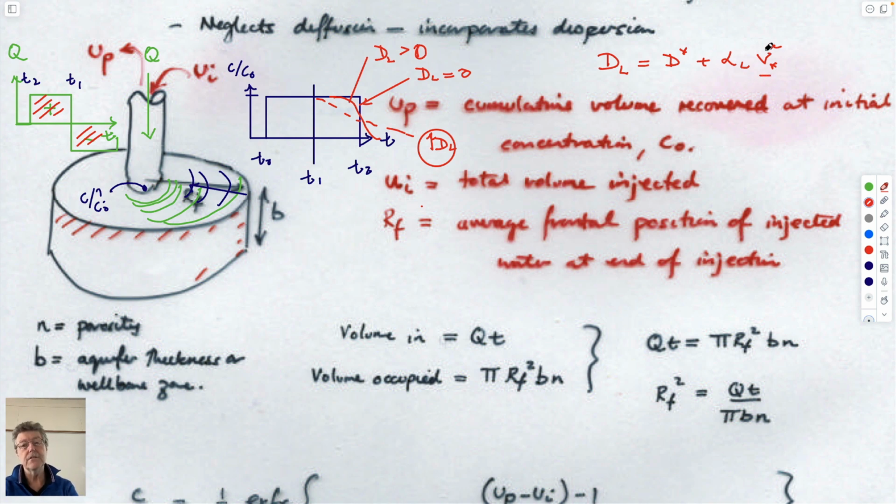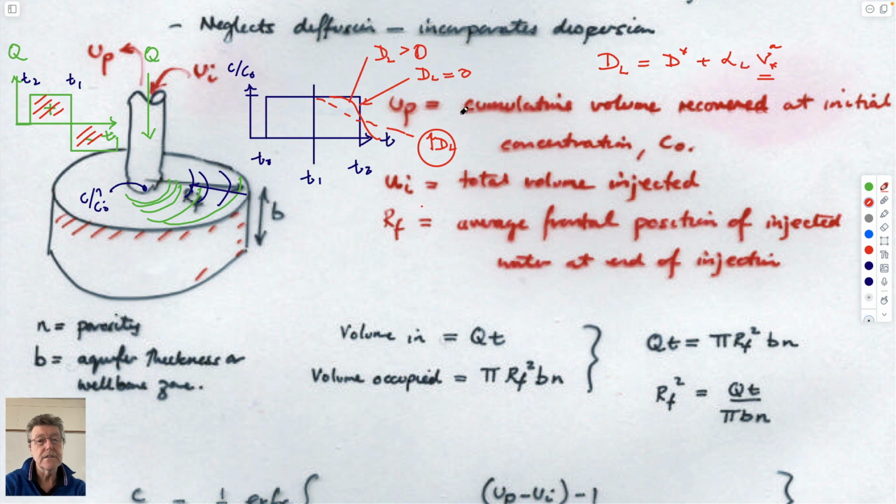And so it turns out that the magnitude of these are strongly controlled by the rate at which you inject. So if you inject at a rate which isn't really the natural gradient in the system, then you tend to get a result from this mechanical dispersion which is much larger than reality. And correcting even for the magnitude of the velocity that you're using doesn't really correct for that. And so that's one effect.